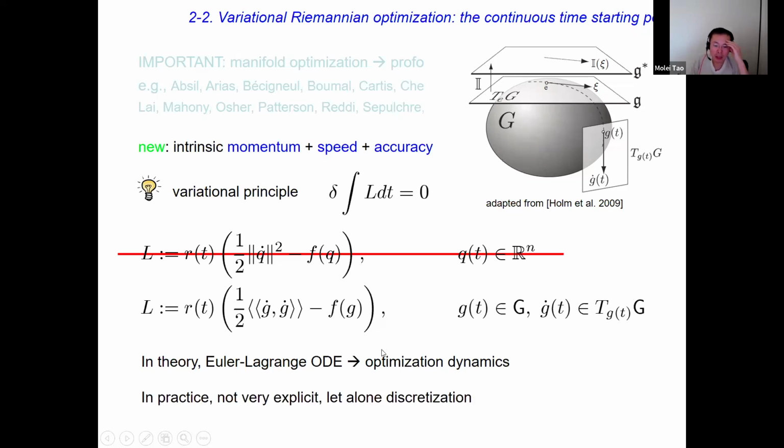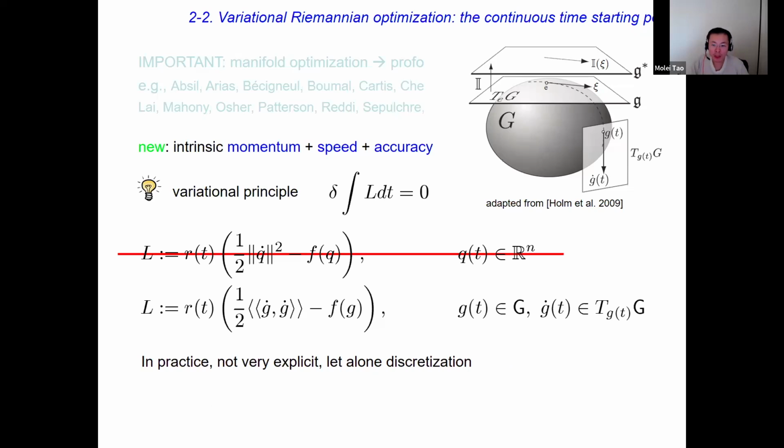In practice, the ODE that you will get is not explicit at all. And if you want to discretize it to get an actual algorithm, that's going to be a nightmare. A lot of people tried in a different context, not optimization, but doing dynamics on Lie groups. This is so far not really solved.